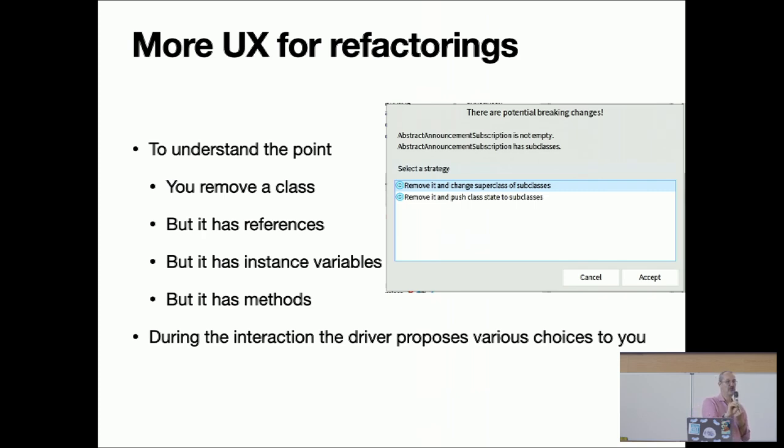Maybe you want to merge, pull up, or take the subclasses and put them there. Or you have state: do you want to push the state down, or all those kinds of things. So this means that they are not just refactorings. They are much more complex than that. We use refactoring, but you have what we call a driver of the refactoring, which is more of a UI, an interaction object that will say, oh, what should I propose to this guy?